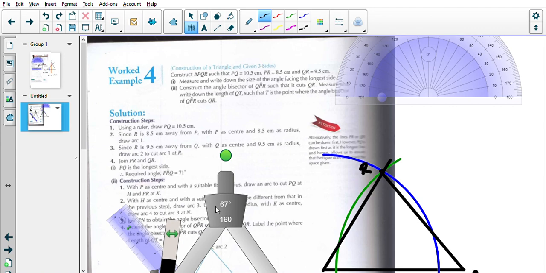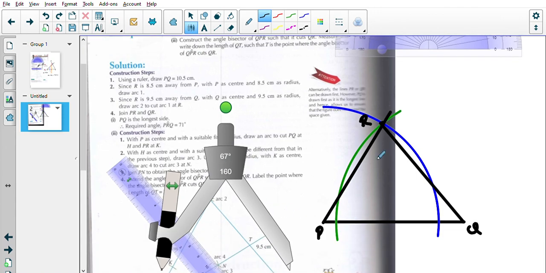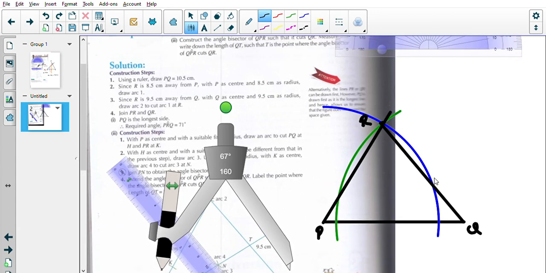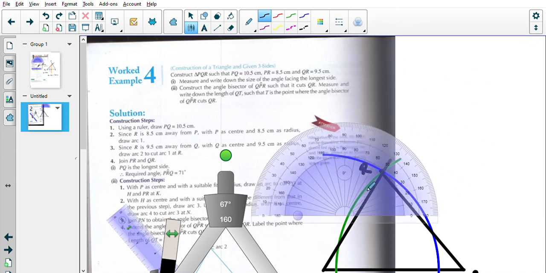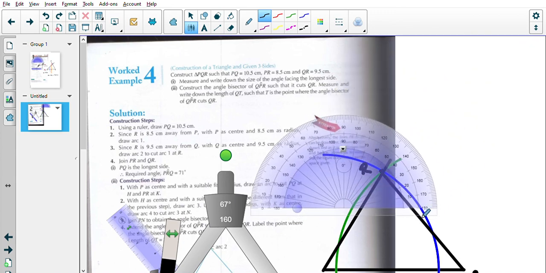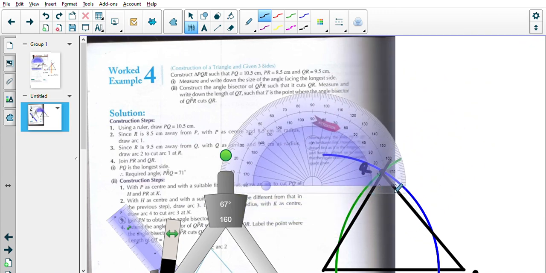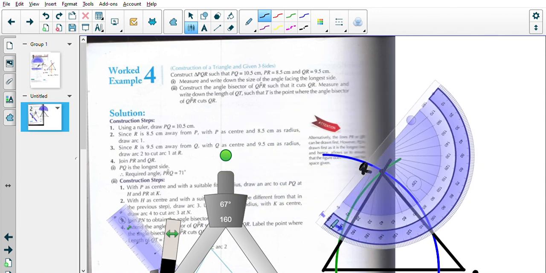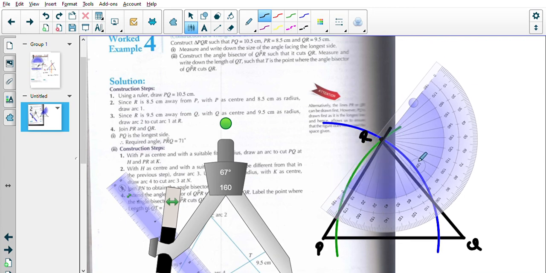And the question is to measure and write down the size of the angle facing the longest side. The side PQ is the longest one, which is 10.5 centimeters, longer than the others, so the angle facing it is the angle at R. Now I will use my protractor to measure this angle.